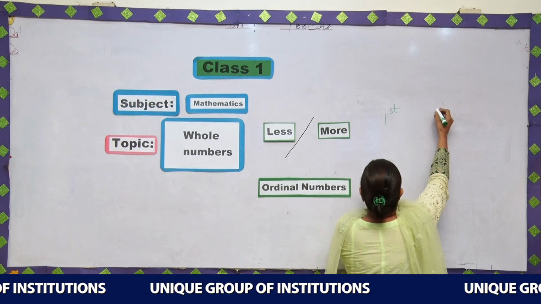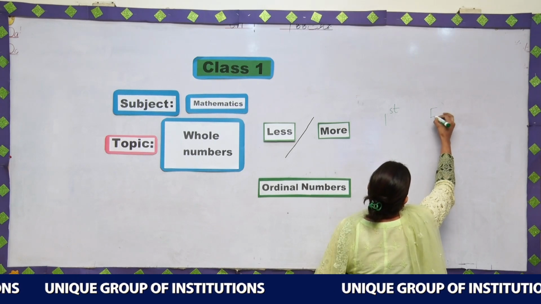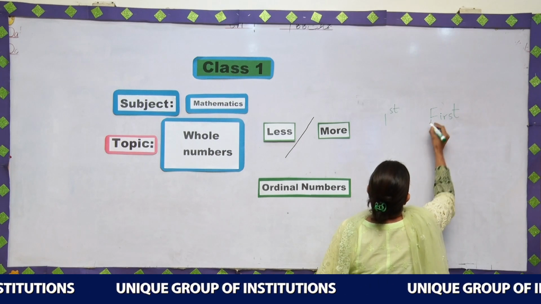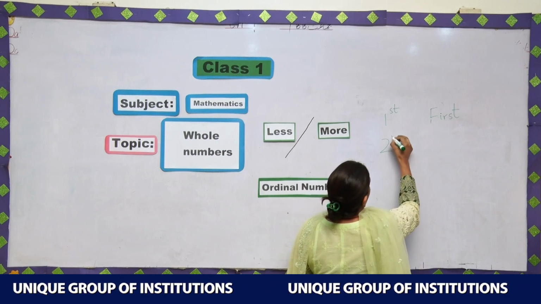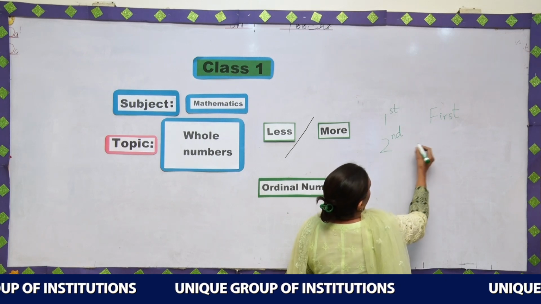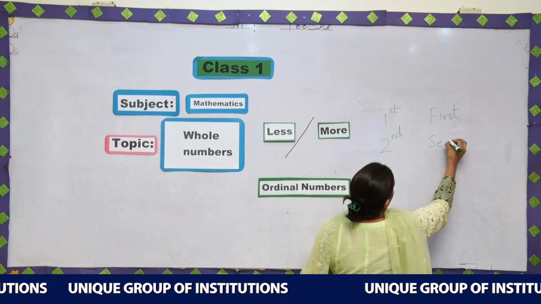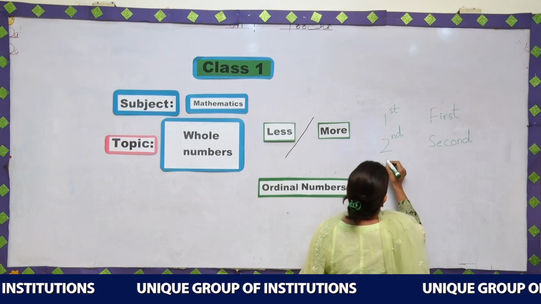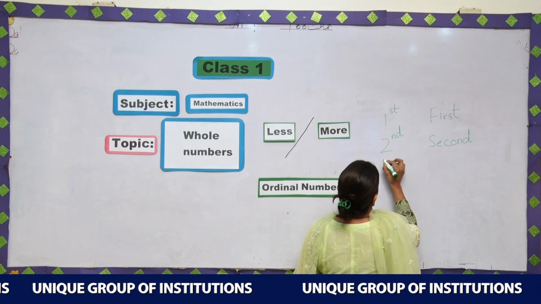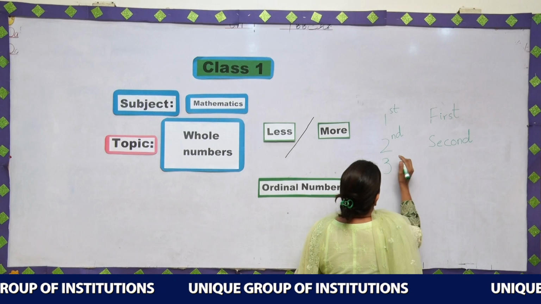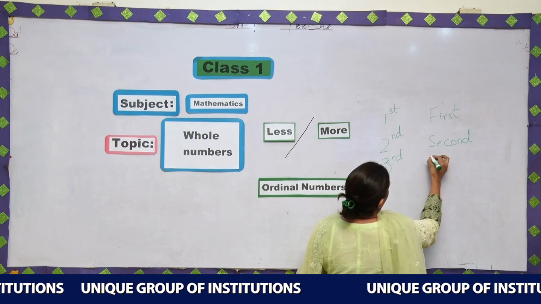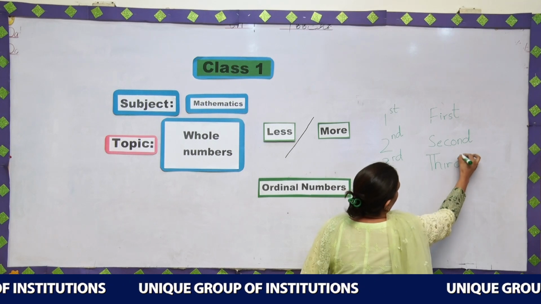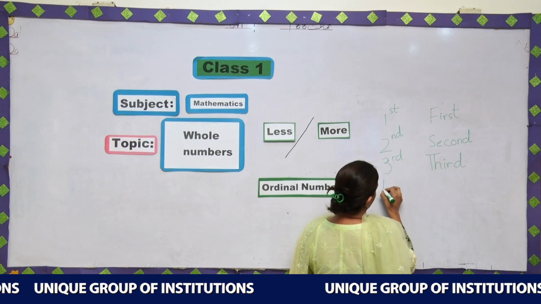The first number, F-I-R-S-T, first. Second, S-E-C-O-N-D, second. Third, T-H-I-R-D, third.